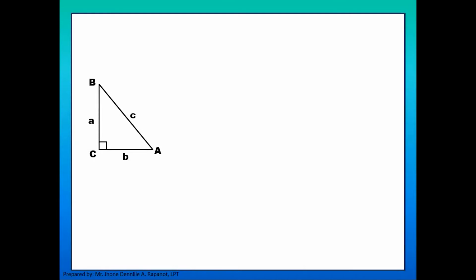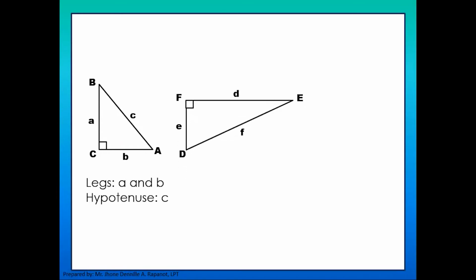So this is our right angle. Opposite to that is your small letter c. Therefore, this is our hypotenuse. And adjacent to this right angle are your legs A and B. So therefore, legs are A and B and hypotenuse is C. Now, for a second example, let's try to analyze this particular right triangle.